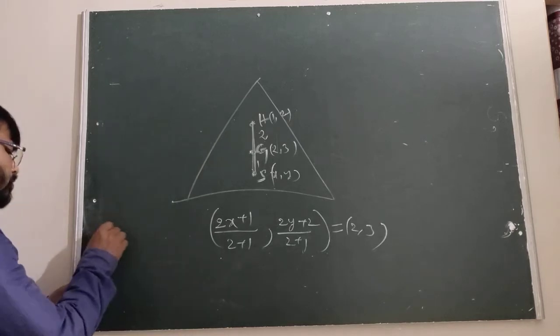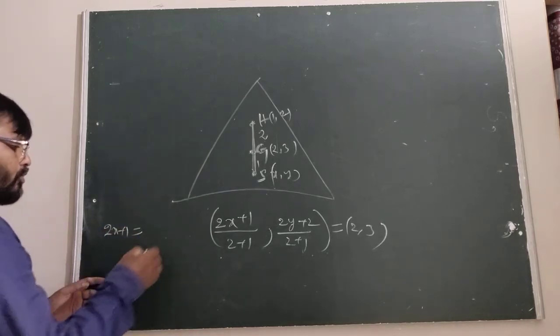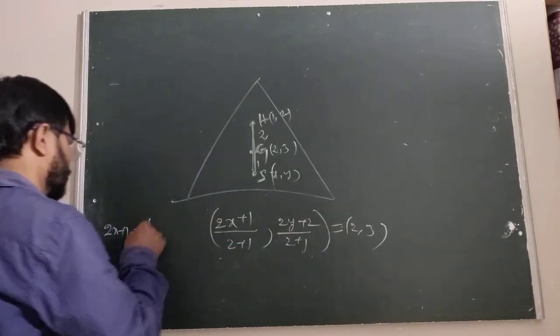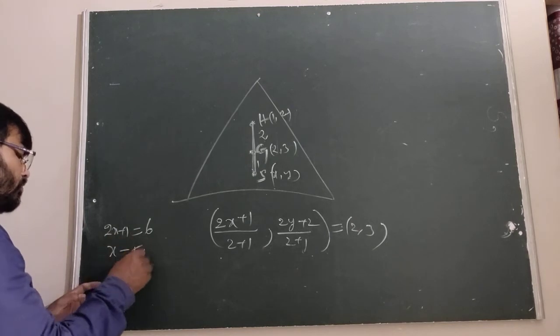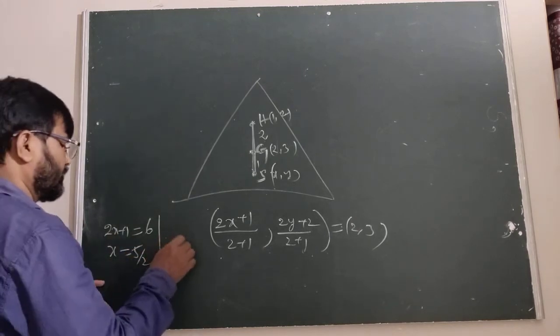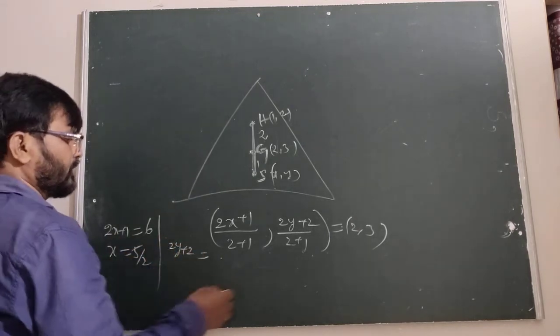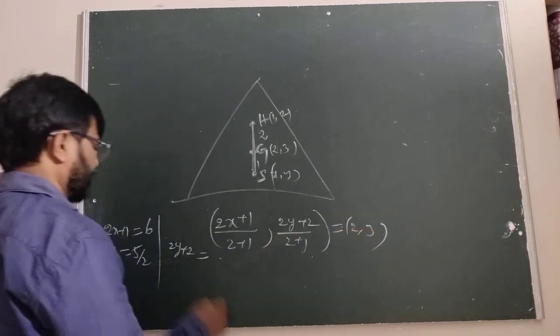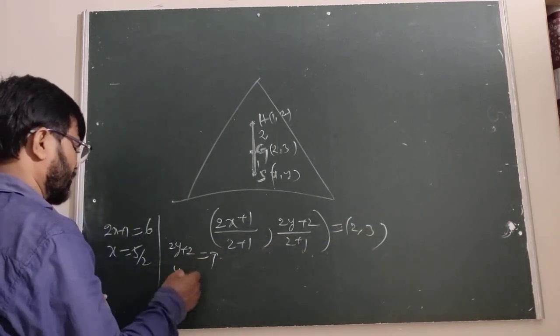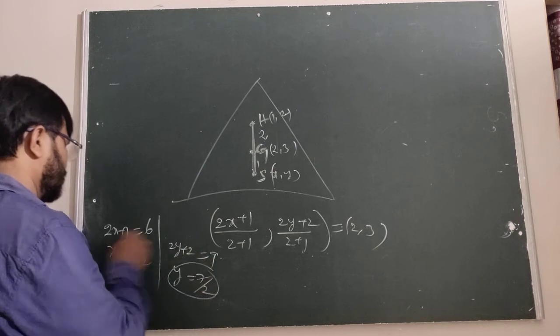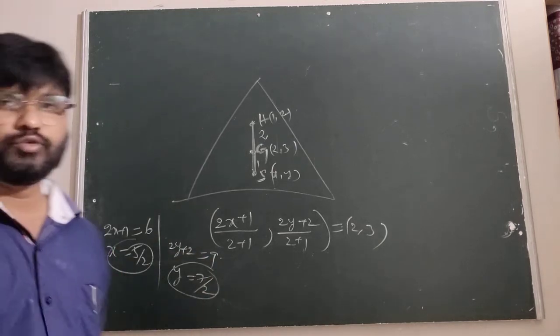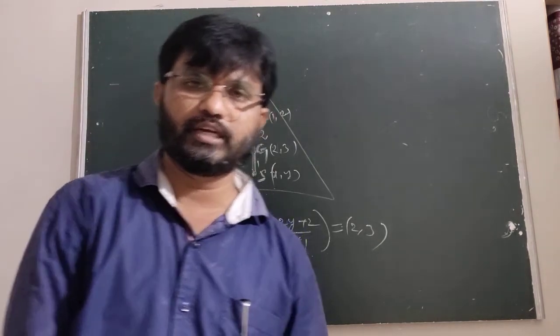Now 2x + 1 = 3 times 2 = 6, so x = 5/2. Then 2y + 2 = 3 times 3 = 9, so y = 7/2. The point is (5/2, 7/2). Is it clear?